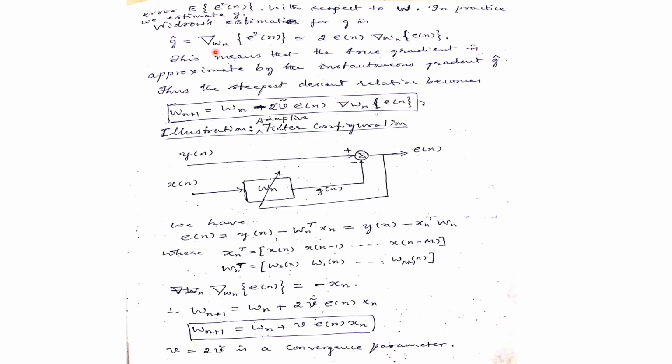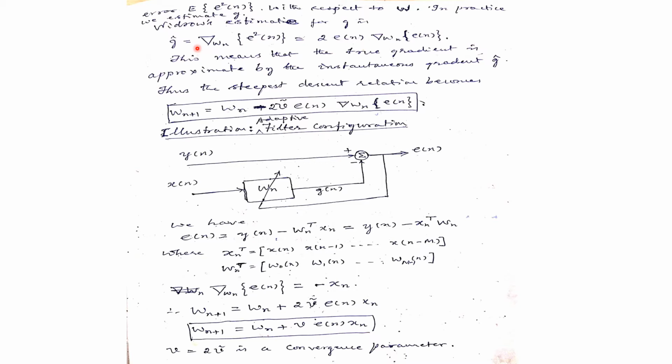I am using Wn to indicate that it is a filter coefficient which is a function of time. It is not the first value, second value. Every value is a function of time and hence a subscript n comes into the picture. Whereas in the case of optimal filter coefficients, we did not have the subscript n, it was just W. So please note that the subscript n indicates that it's a function of time.